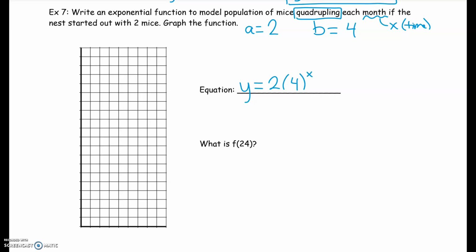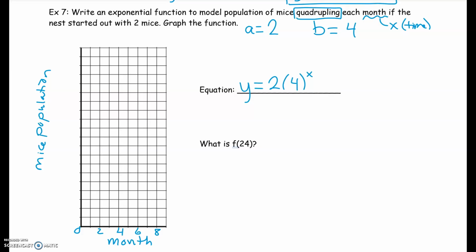Okay, so let's go ahead and put this on the graph. We've got months down here, that's our x, and we've got the mice population over here. All right, again, I am going to label my x's by 1. I'm only labeling every single other line.